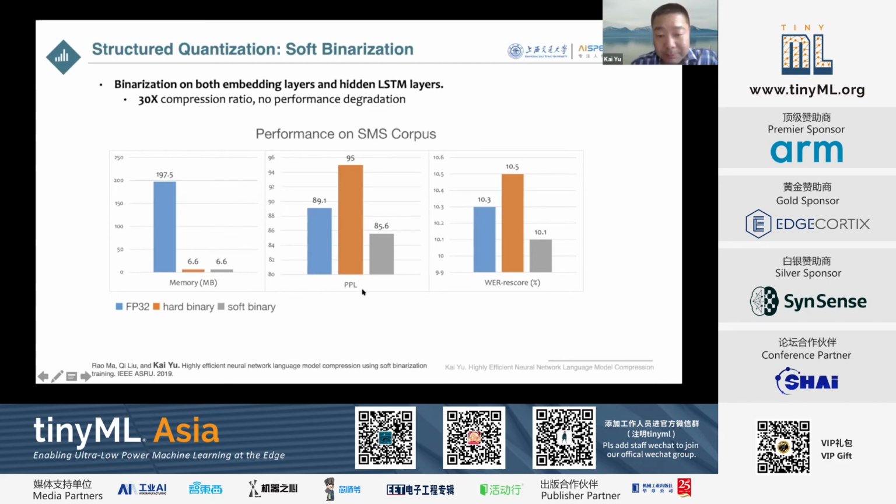And if you see the perplexity, that is the language model prediction error, if we just do hard binarization, we get big degradation, the error increases. But if we do soft binarization, basically use the so-called knowledge distillation method to retrain the model, we can get even improved performance. Similar for the word error rate, the speech recognition case.